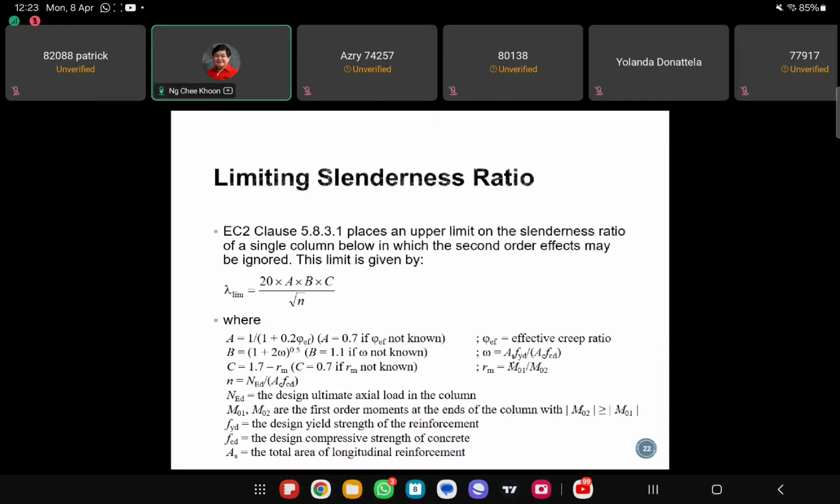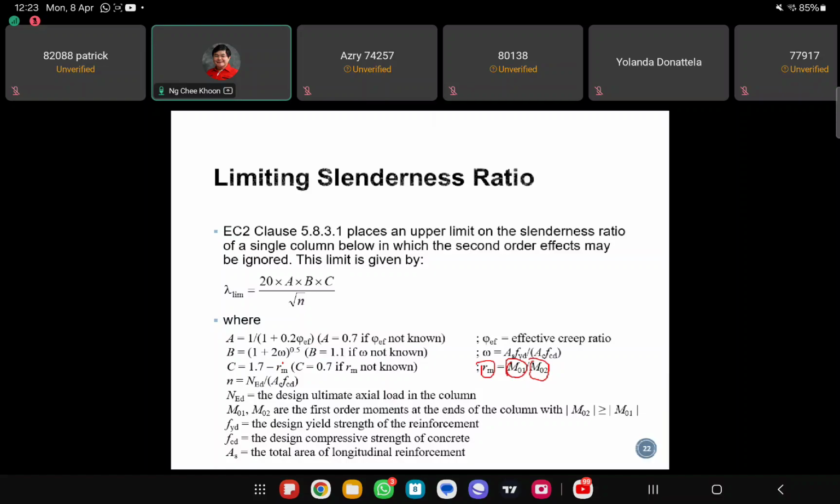So meaning that one of these is taken as negative, the other one is taken as positive. So you have a negative Rm value. Okay, so if Rm is negative, then minus negative becomes plus. So this C will be greater than 1.7, right?